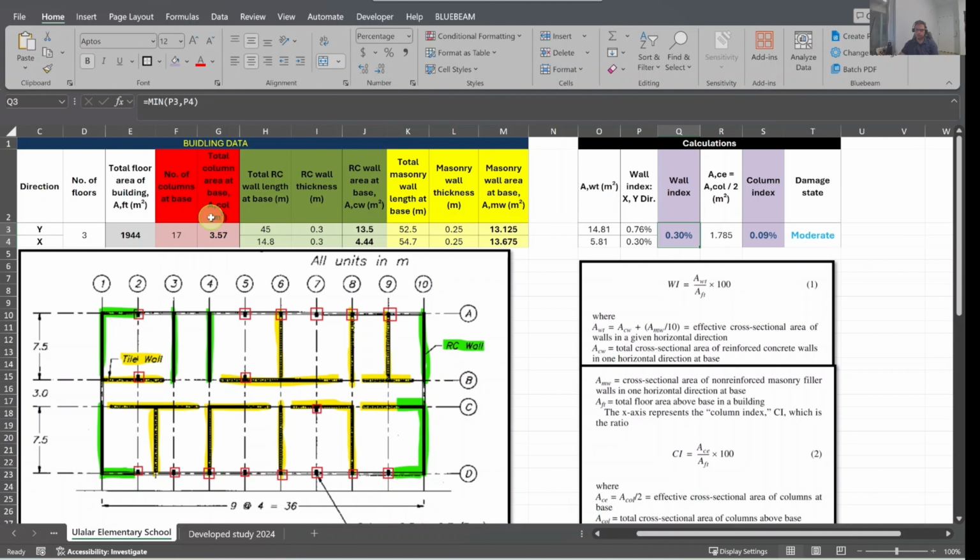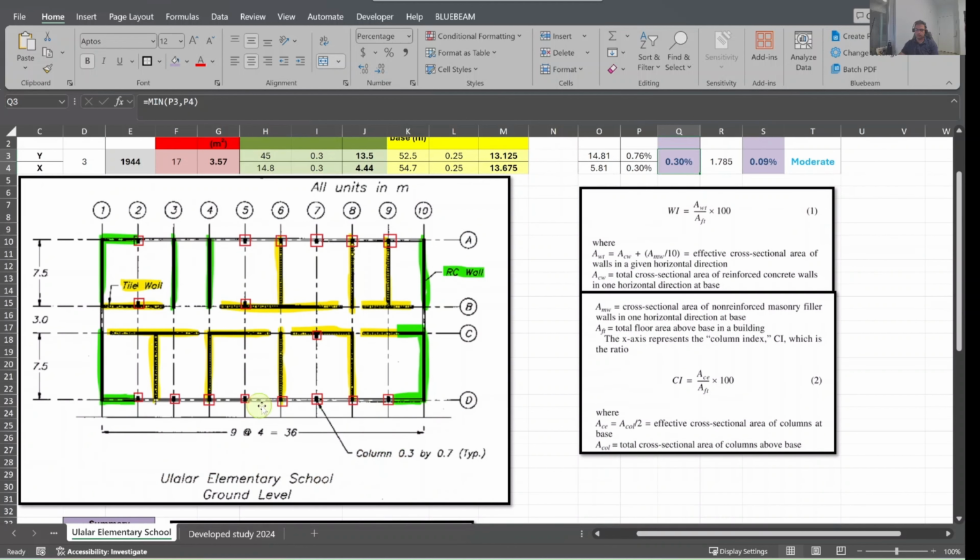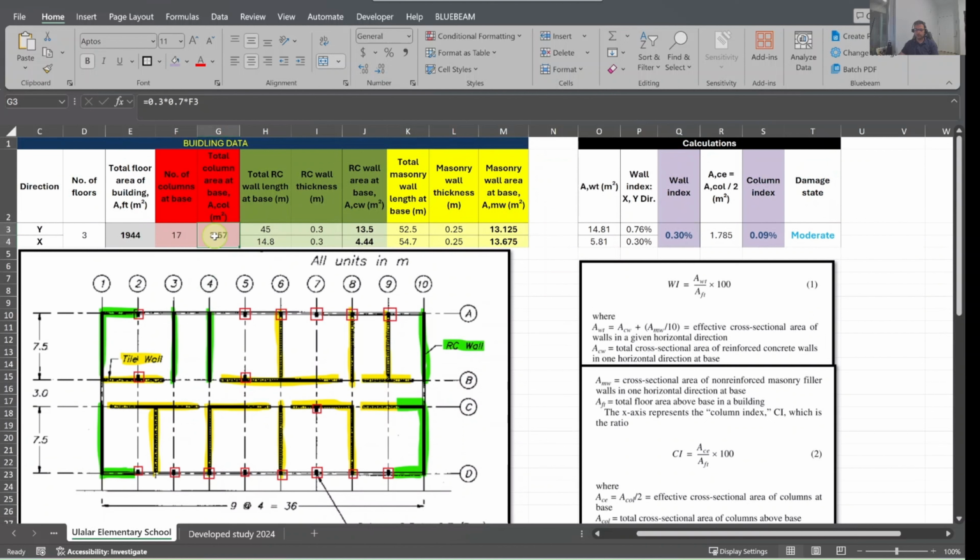So, there are 17 columns shown in red, each with dimensions of 30 by 70 centimeters, giving a total cross-sectional area of 3.57 square meters. And we call it A sub col. Okay, half of this value becomes A sub CE, and I've calculated it in this cell.